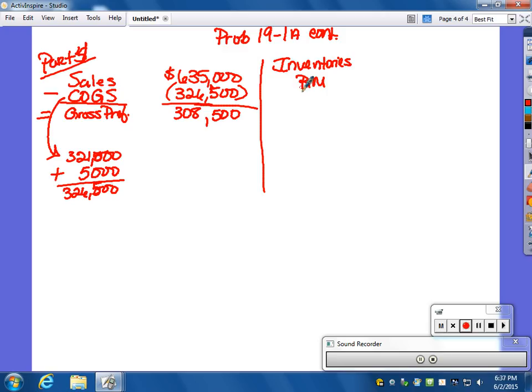And what else would you have? Goods in process, and then finished goods inventory. So with raw materials, what did you start with? 80,000.